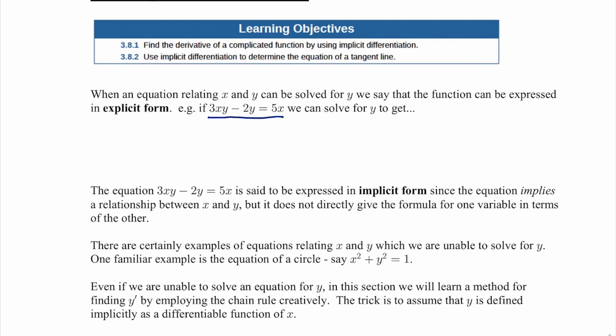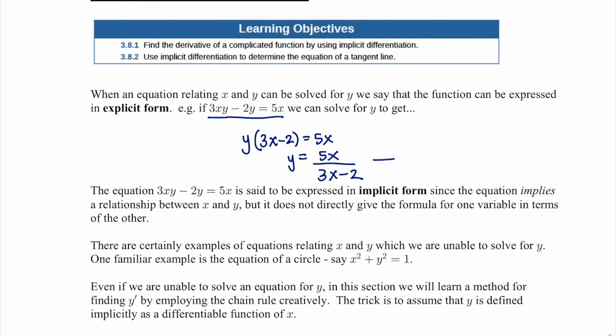We certainly could solve this for y, though. If you think about how to do that, you would factor out a y on the left side, and then you can solve for y just by dividing by 3x minus 2. So we can see that y is a function of x, and y would be 5x over 3x minus 2.